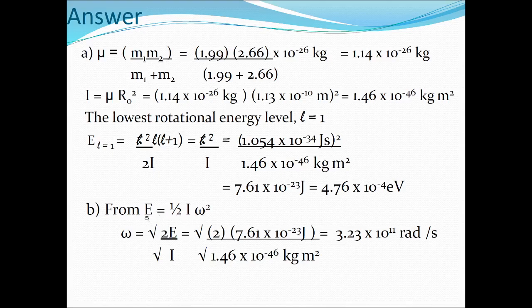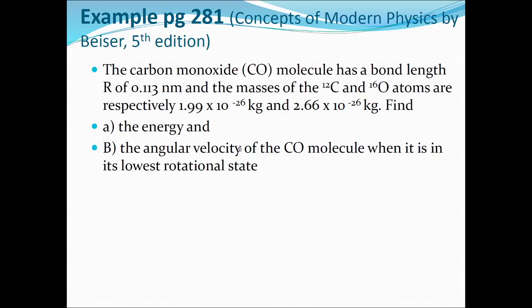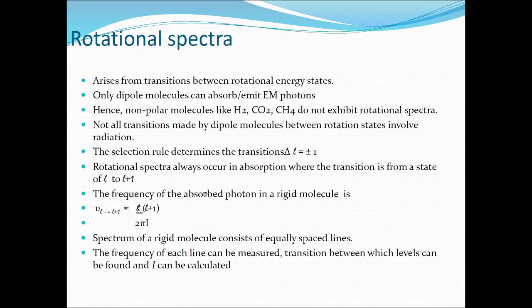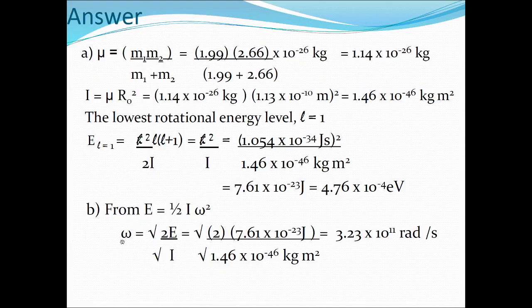Okay, next, the angular velocity, which is omega. From the previous equation, E is equal to half I omega squared. So you want to find the angular velocity, omega. So omega is equal to the square root of 2E over I. You just substitute into the equation, and you can get the answer directly.